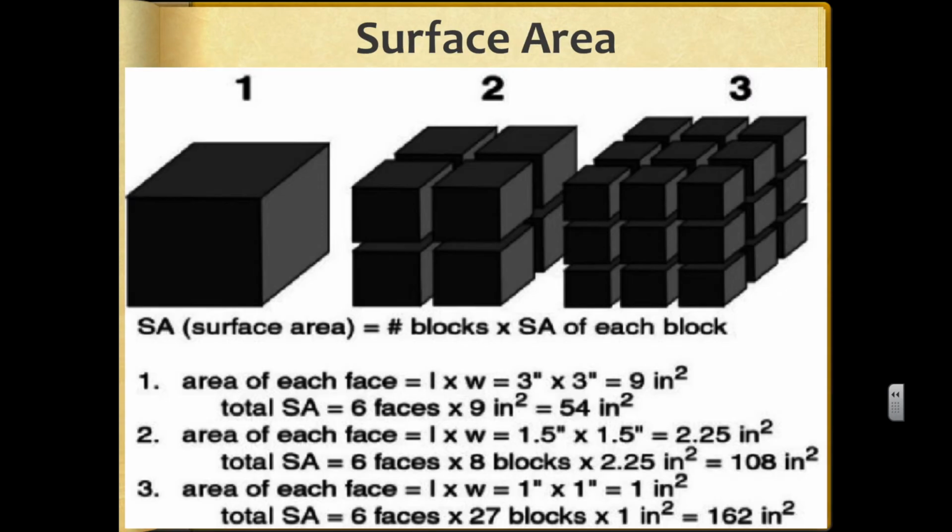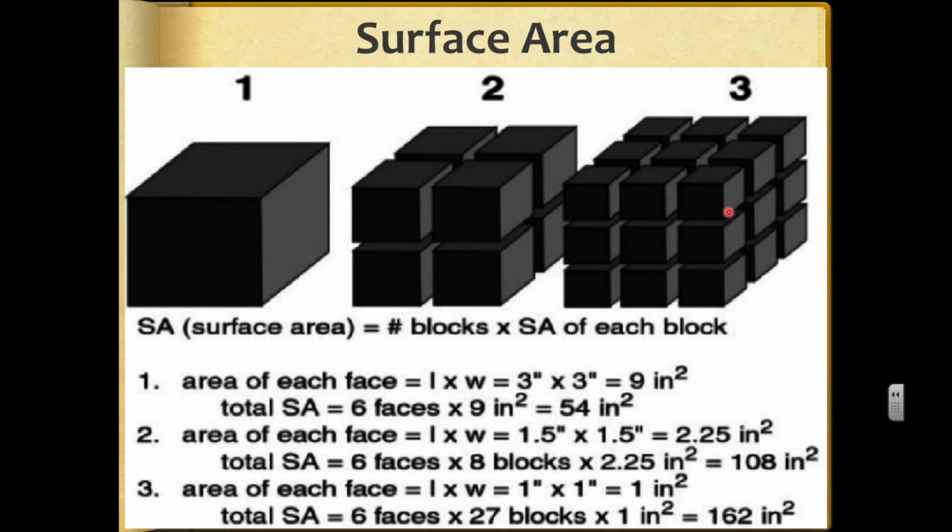Pretty cool, right? So for surface area, this cube right here only has 54 square inches. Inches. Who uses inches? And then the second one has 108, but the third one has 162 square inches.